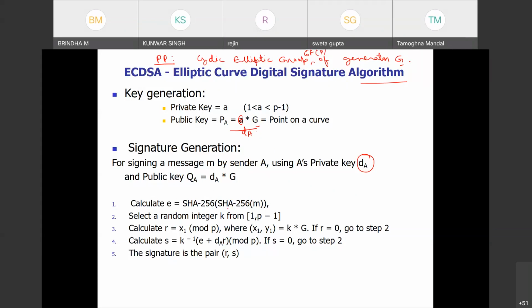As I said, 256, applied twice. E is the hash of M. Then choose a random integer K from 1 to P minus 1. This is to randomize the signature.